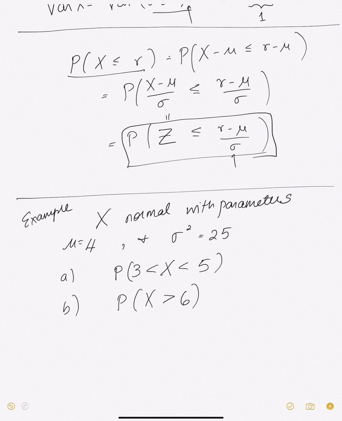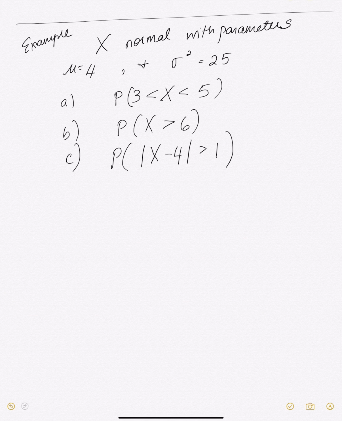And C, let's find the probability that the absolute value of X minus 4 is bigger than 1. All right, let's do this.